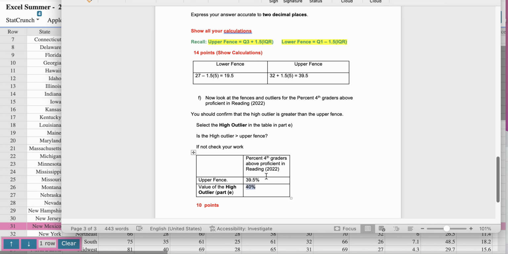Is it above the upper fence? Yes, it is, a teeny tiny bit above the upper fence, but that still makes it a high outlier.